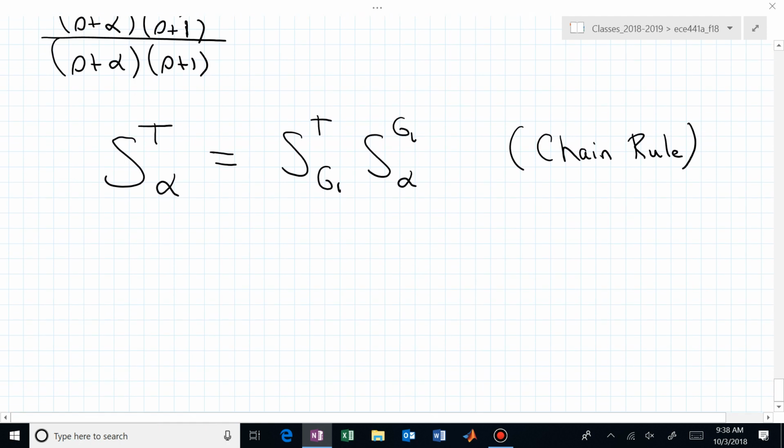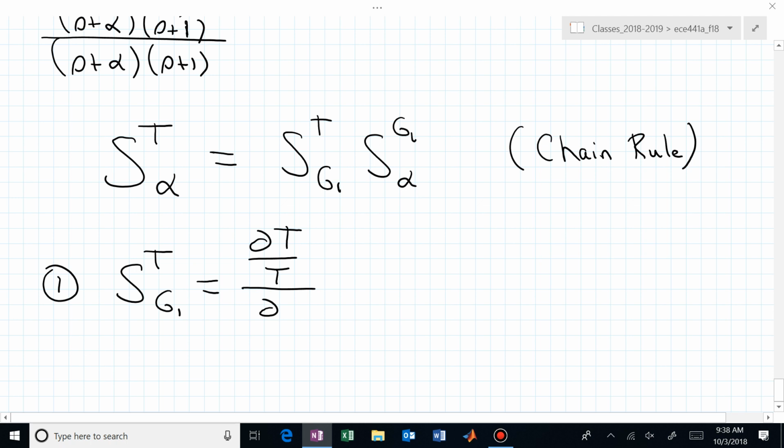Let's now start with the sensitivity of T with respect to G1. Do you remember what that was? It's all relative. So we normalize those with T and G1. And now the G1 goes in the numerator, the T stays in the denominator.